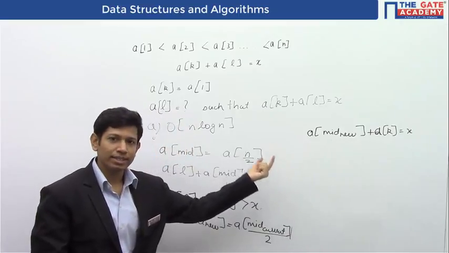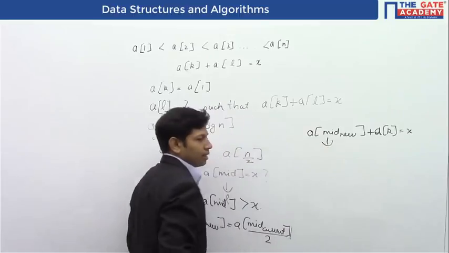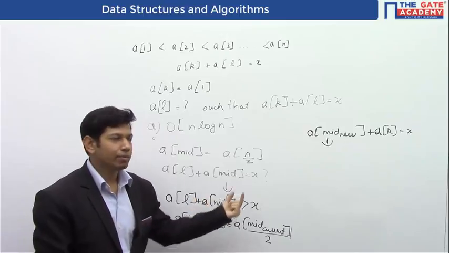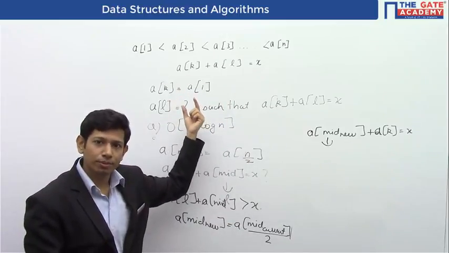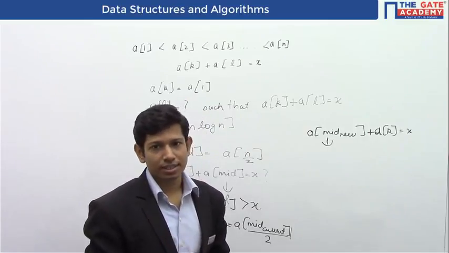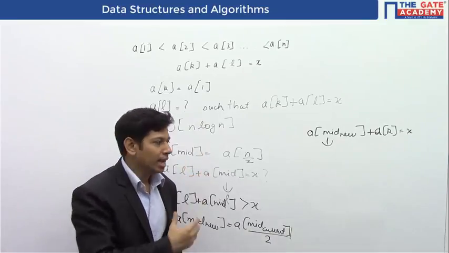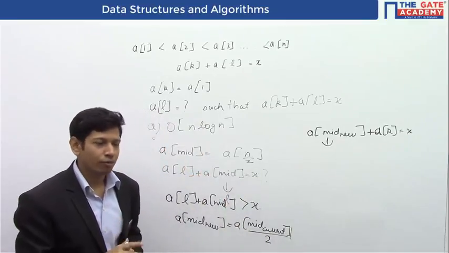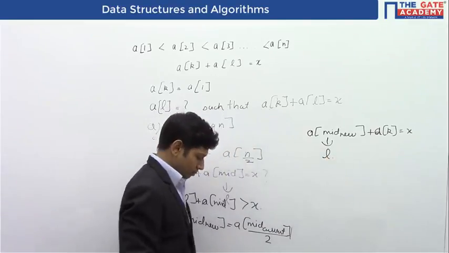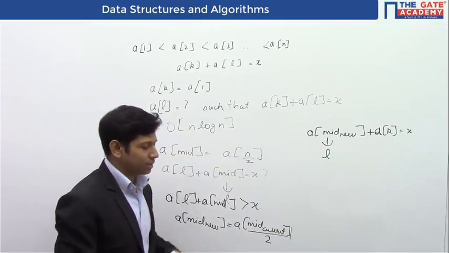In case it is equal to x, then this new mid will become our L. Similarly, as we had previously done, we will repeat this step. If it is less, then we will probe the right part. If it is greater, then we will probe the left part. So this is how we will use the divide step and conquer step. Like this, we will keep on going left, right in the given array, and we will obtain some value of L for which this sum would be equal to x. Once we have obtained such a value, we have to return this value.